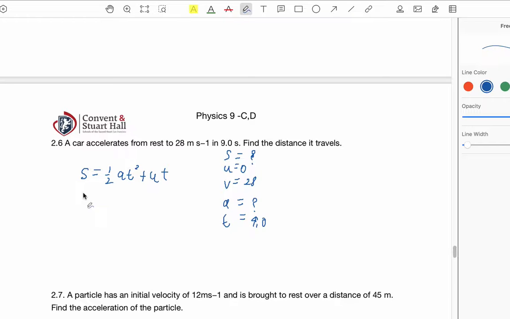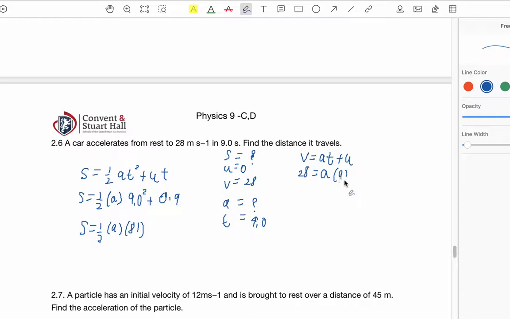So let's plug in what we got. We have s equals 1/2 times a times 9 squared plus 0 times 9. So we have s equals 1/2 times a times 81. Uh-oh, we don't have a. So let's do v equals at plus u to get a. 28 equals a times 9.